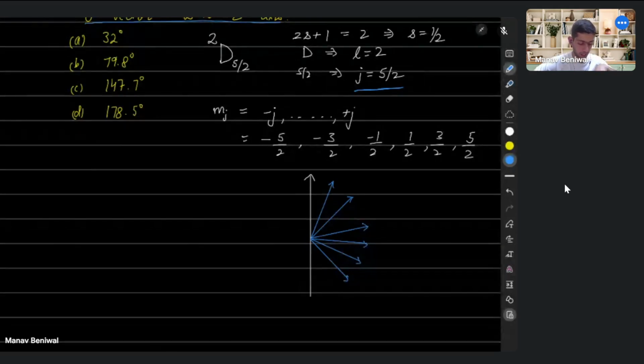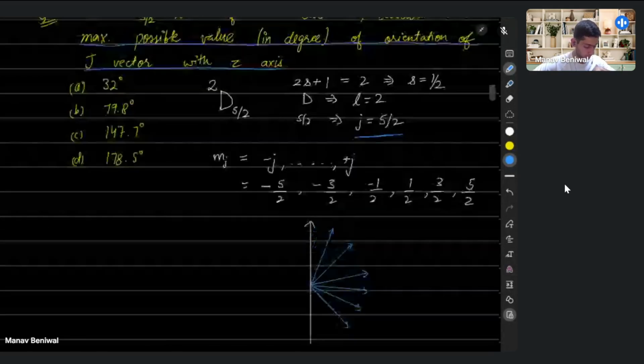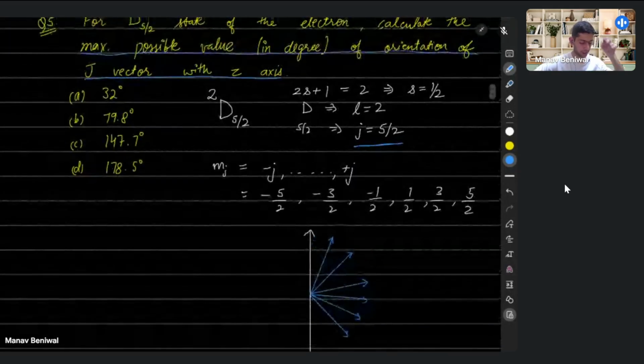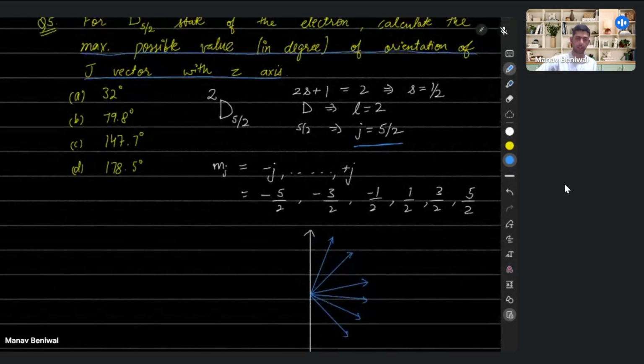And then we are asked to calculate maximum possible value in degree of orientation of j vector. So we have drawn different j vectors corresponding to different values of mj, and we are asked what will be the maximum value of theta.